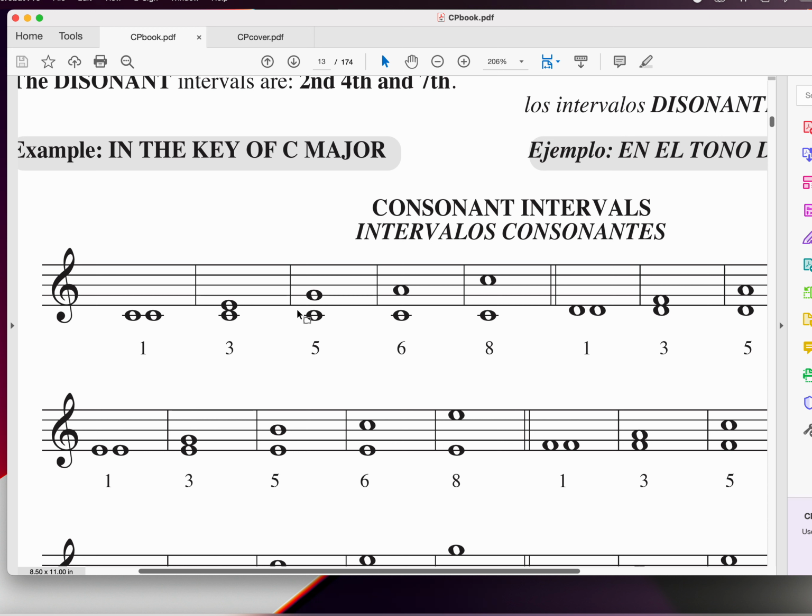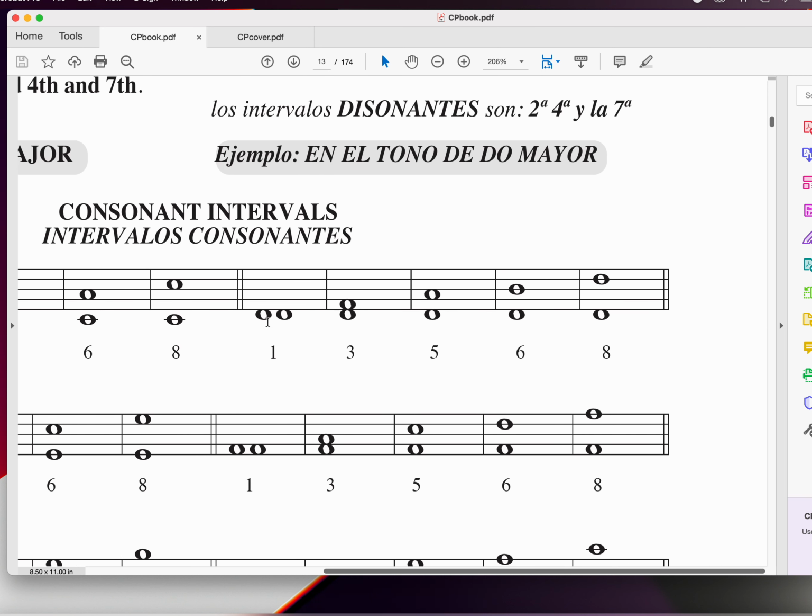So the first, the third, the fifth, the sixth, and the eighth. And it could be starting from any other note of the C scale. You cannot modulate yet until we explain the rules for that.